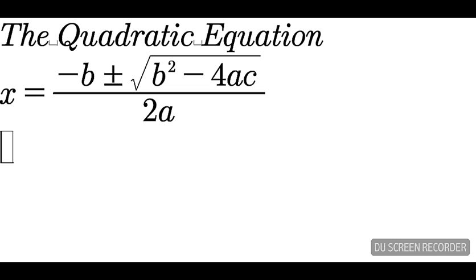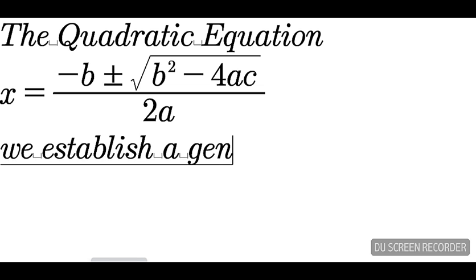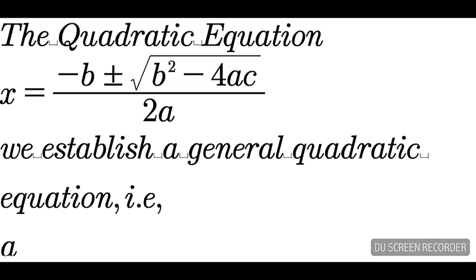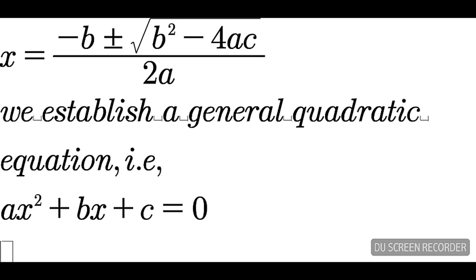So we establish a general quadratic equation, that is ax squared plus bx plus c equals 0.